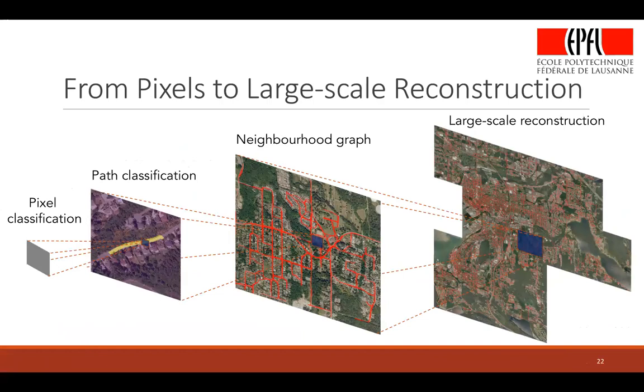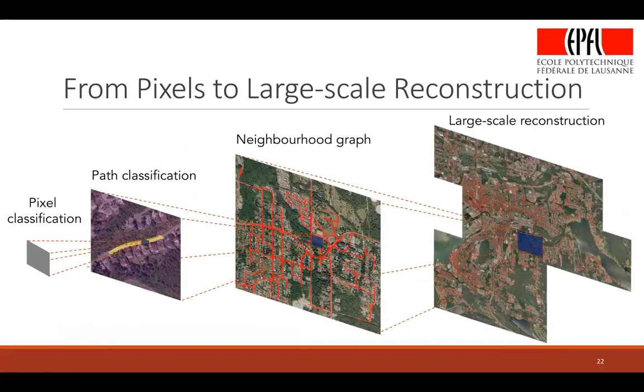So just to sum up, we can look at this detection pipeline at various different scales. First we perform segmentation, which is basically pixel classification. Once we have a segmentation, we can classify paths, by looking at longer range relationships.